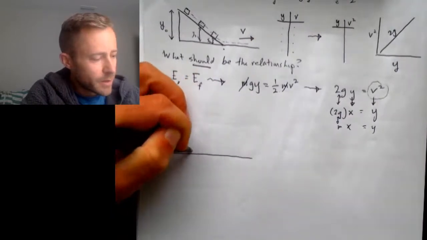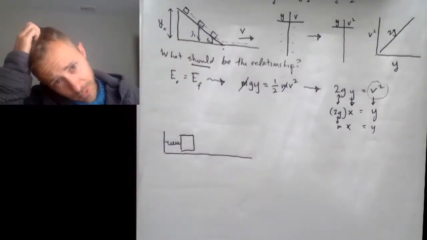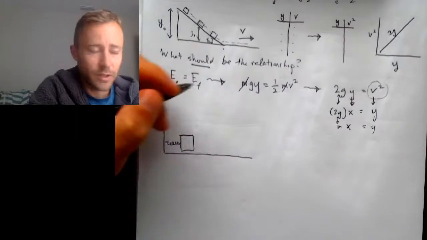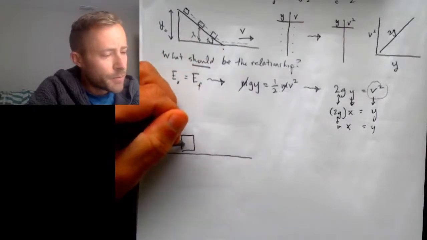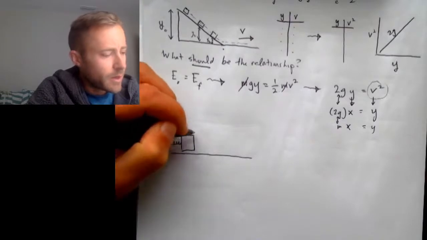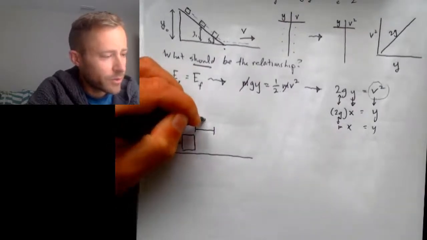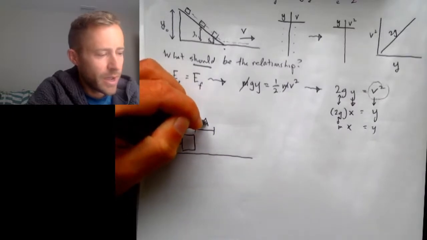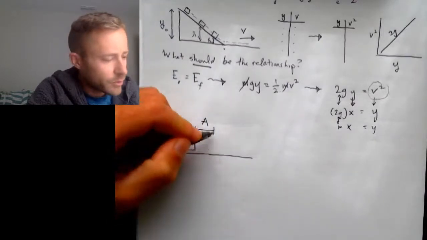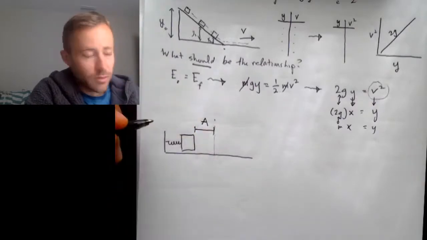All right. And there are so many different experiments we could do with this one. It's crazy. We could have a spring here, and we're going to compress the spring an amount A. All right, so the spring is compressed from its natural length.